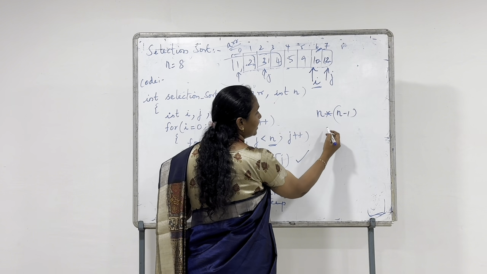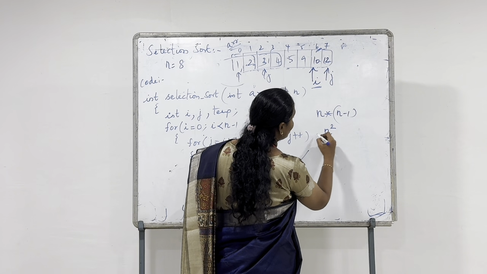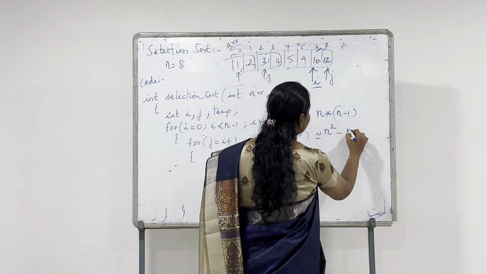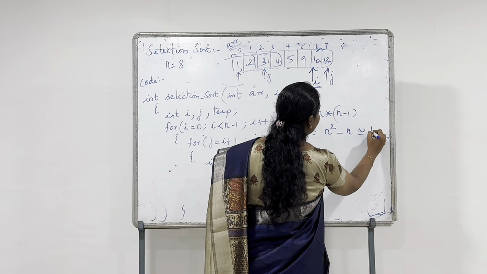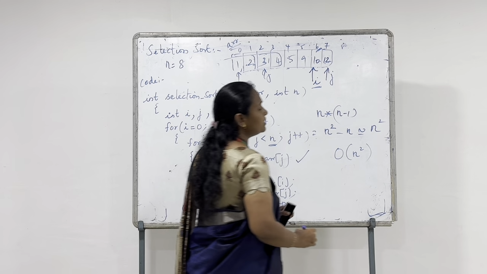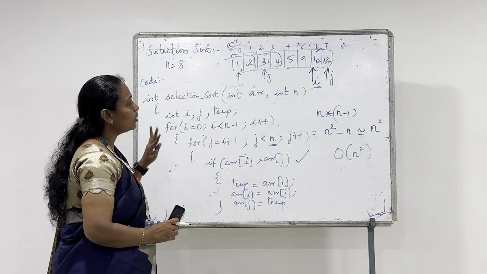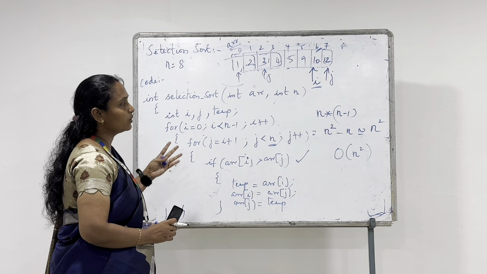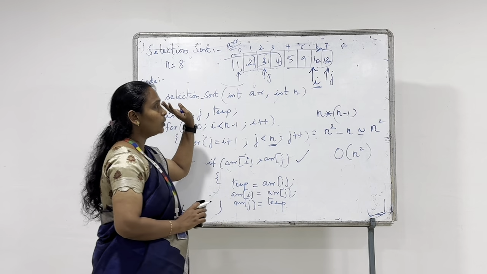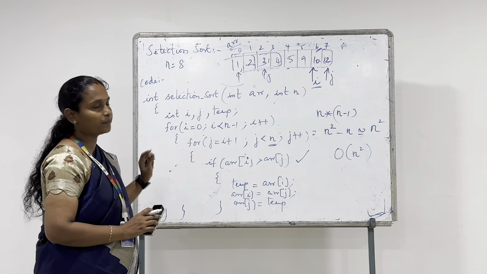So totally it takes approximately n square running time. n square minus n, which is approximately equal to n square. So the time complexity of this algorithm is big O of n square. This is normally the case for all comparison based algorithms, big O of n square. So this is about selection sort, and the next sorting algorithm we are going to see is merge sort.